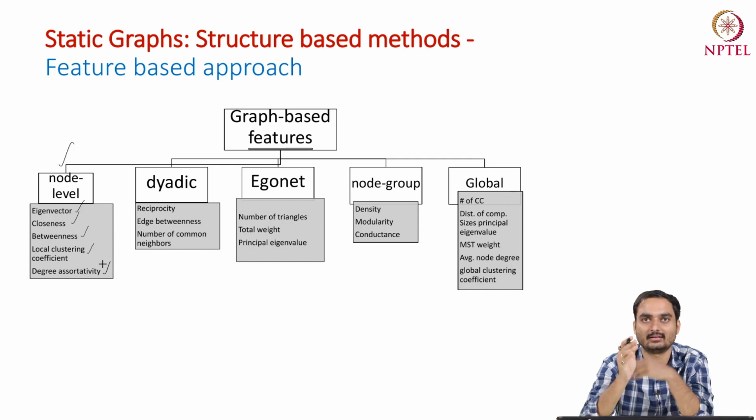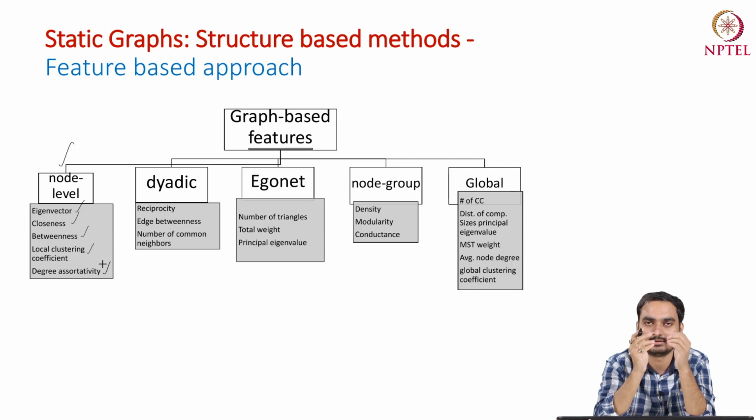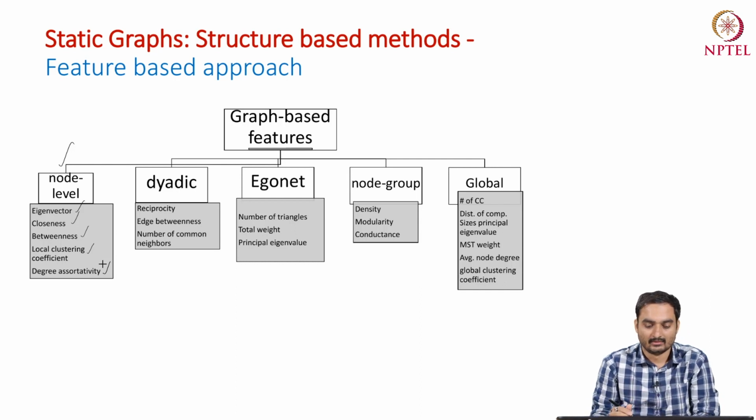So, what you basically do is extract these features for individual nodes, and then you can come up with some classifiers, and these features would act as normal attributes, and then you classify. Okay.